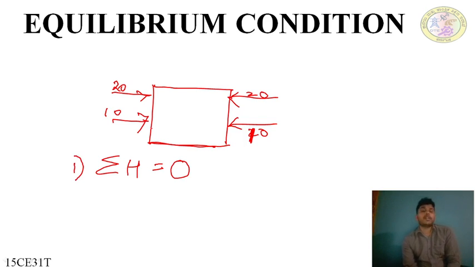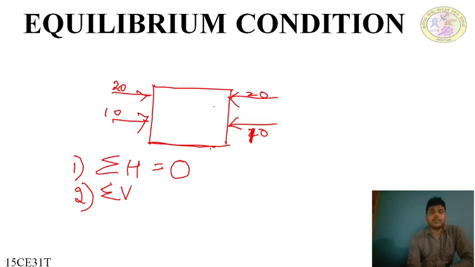The next one is vertical forces, which should also be zero. If forces of 20 kilonewton and 30 kilonewton act on a body and the body has reaction forces of 20 and 30, the opposite forces cancel to zero.